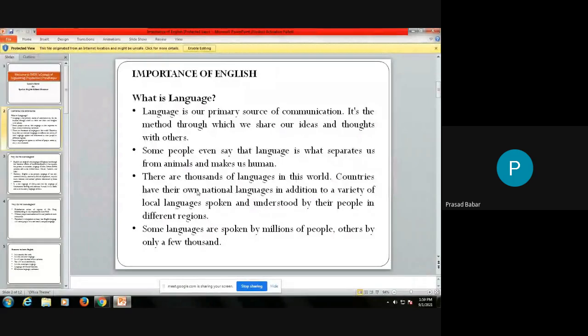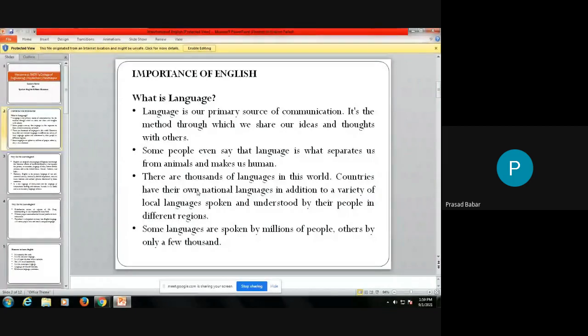If someone is from Jammu and Kashmir, maybe Urdu is their official language, or Hindi. If someone is from Uttar Pradesh, Madhya Pradesh or Rajasthan, they may have Hindi as their language. So there are many languages in our country itself.